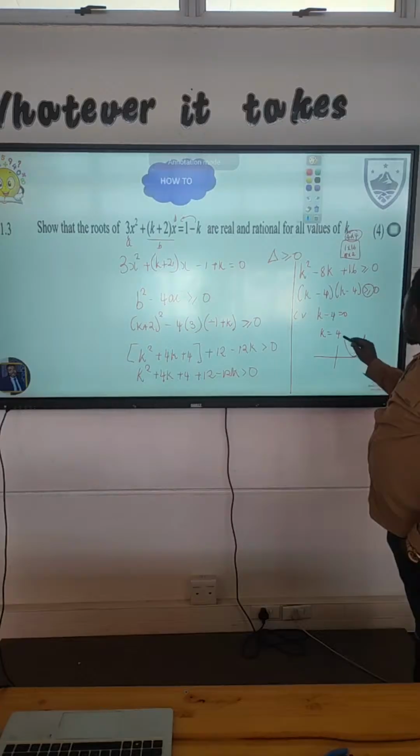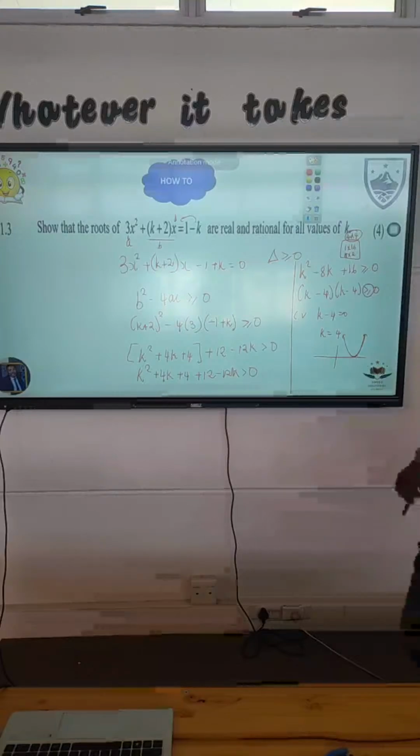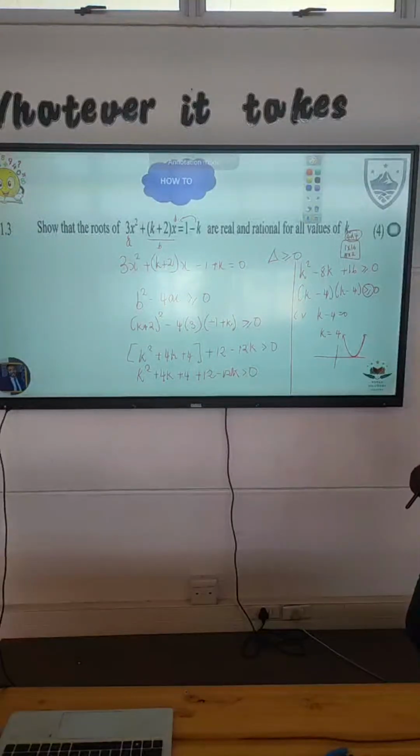When I have something of this kind, just so that we can understand from the one that we did last time, because I'm having the same value repeating itself twice, it means that the turning point is also the x-intercept.